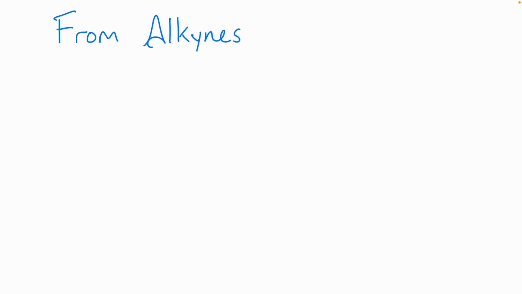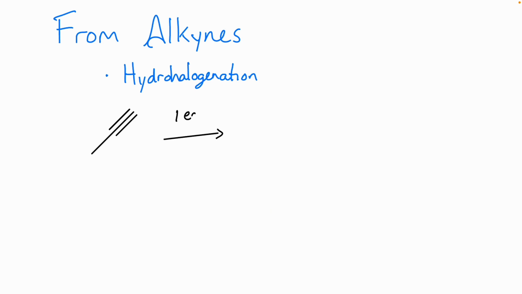All right, so let's talk about from alkynes. Again, we knew of some methods to prepare alkyl halides from alkynes. The same reagents as we had for alkenes. We have hydrohalogenation. If we take an alkyne, we can use one equivalent of that HX.